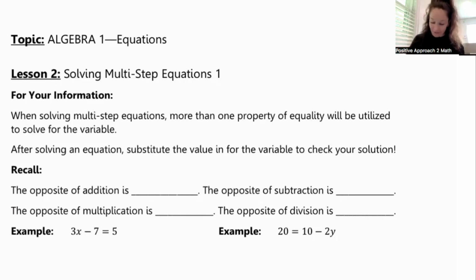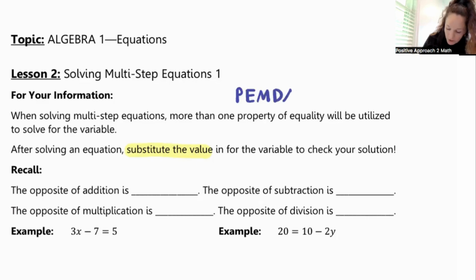As we discovered in lesson 1, the awesome thing about solving equations is we can always check our work. We can always substitute the value that we get as our answer in for the variable into the original equation to check our work, okay? A lot of this is, if you remember, PEMDAS, our order of operations, when we simplify expressions, instead of going parentheses, exponents, multiplication, division, addition, subtraction, in those order of operations, we always wiped out all of our multiplication and division first, and then all of our addition and subtraction.